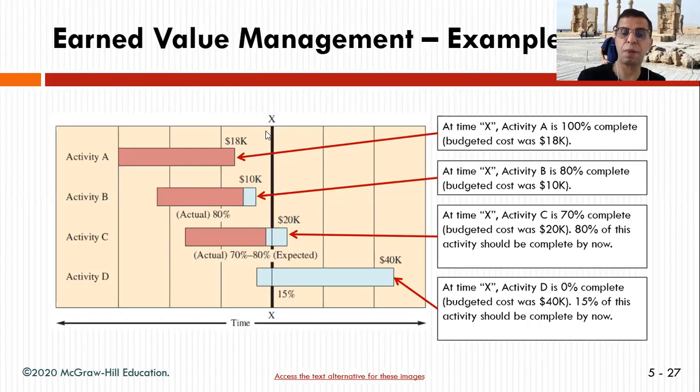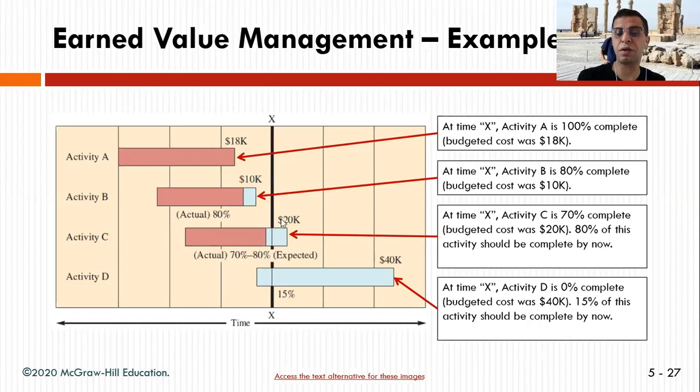It's your milestone. And then you get B, you have managed to deliver only 80% of actual work, and for some reason you left 20% of it, and so already there is a budget of $10,000 for all of it. So activity B is only 80% completed, and the budget cost was $10,000. So there is 20% worth of work not delivered, and this is at the X point.